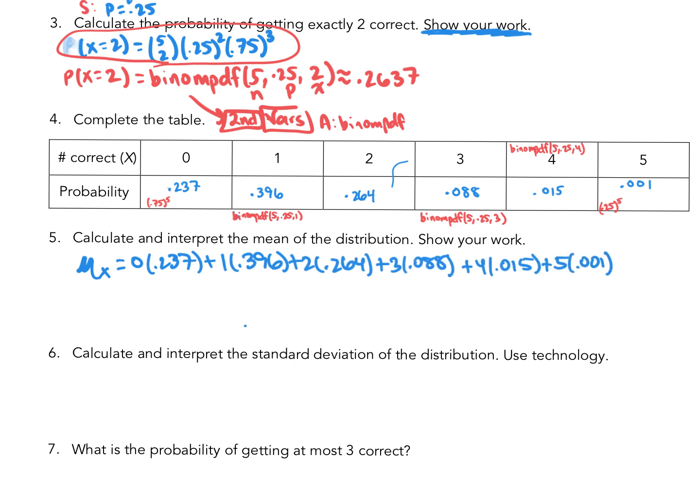And then we would type it exactly like we see into a calculator. When we do so, we get an average of approximately 1.253.